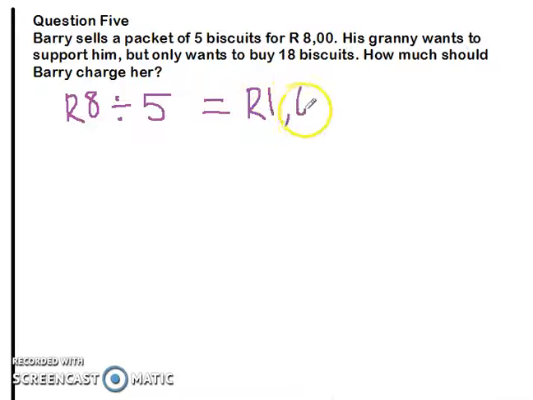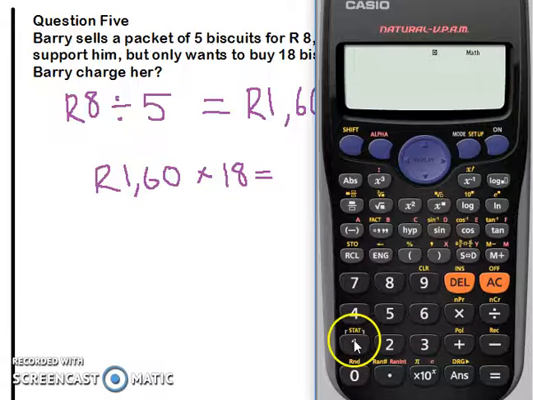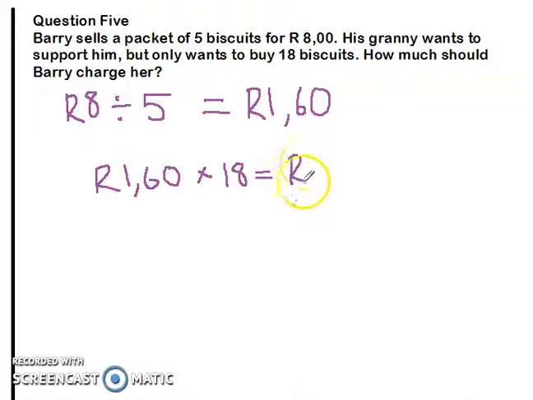Now she wants to buy 18 biscuits, so 1 rand 60 times by 18. Let's get our calculator out. 1 rand 60 times by 18 gives us 28 rand and 80 cents.